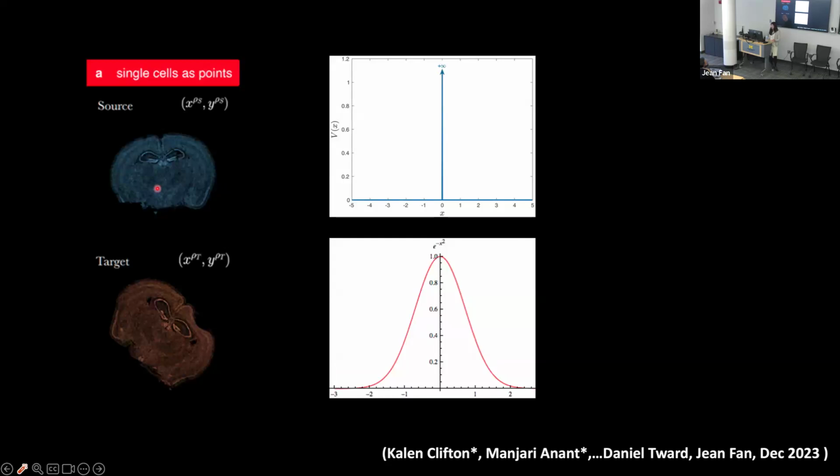Therefore, rather than trying to align these 100,000 cells to 100,000 cells, which is a very computationally intensive problem, we decided to use a process called rasterization to reduce these data sets back into smooth image representations.